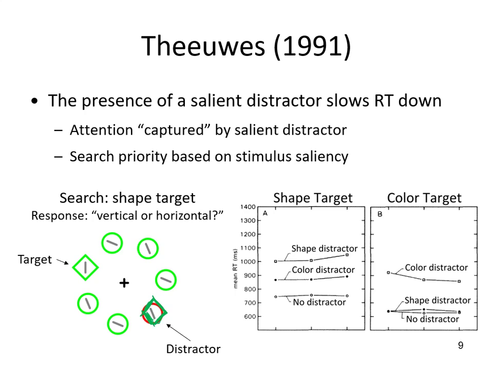Okay, so you get what I mean. Or I cross it out. Okay, I cross it out. You do not have this one, and then you have a shape distractor.